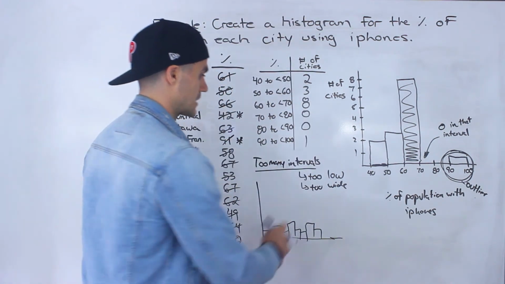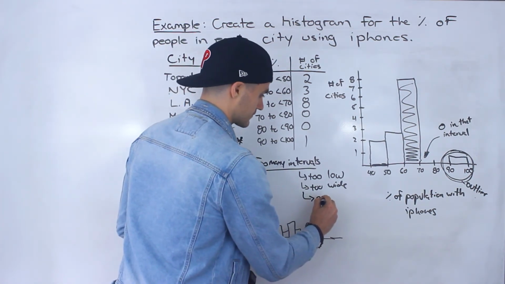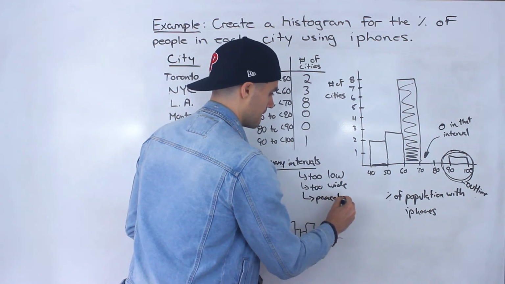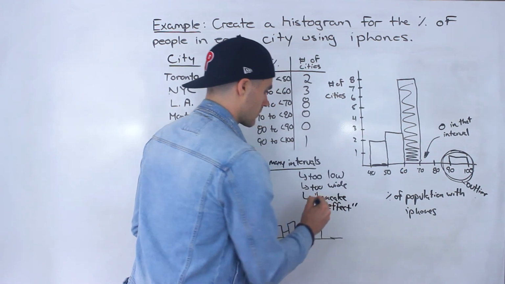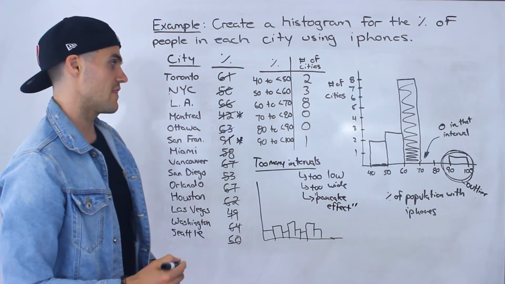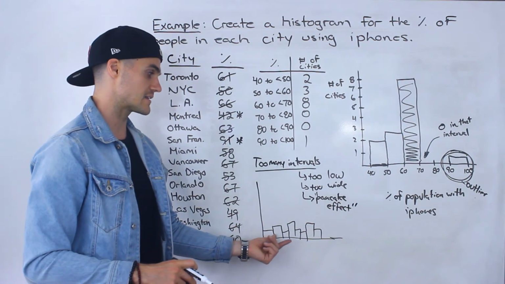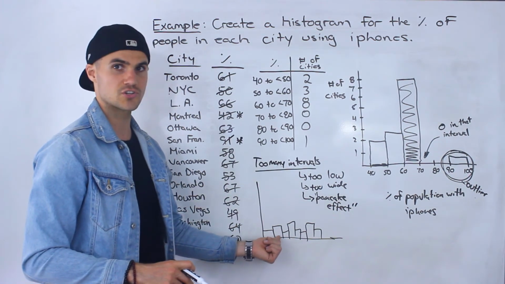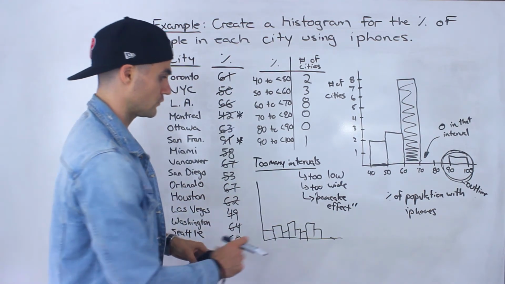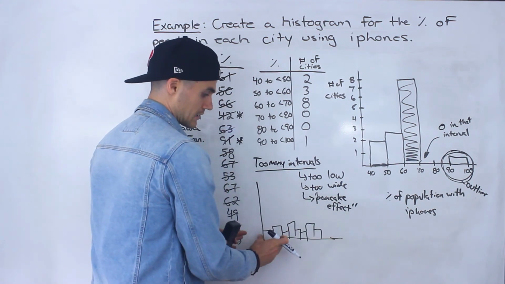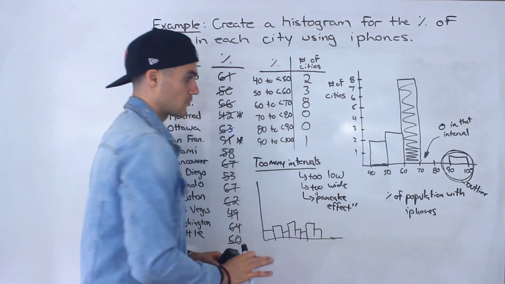It's going to be too wide. Sometimes this is called the pancake effect. And so what can happen then is you may start thinking that certain data points are outliers when they're really not outliers. It's just because you're making these small intervals that stuff is being shown too far to the left and then too far to the right.